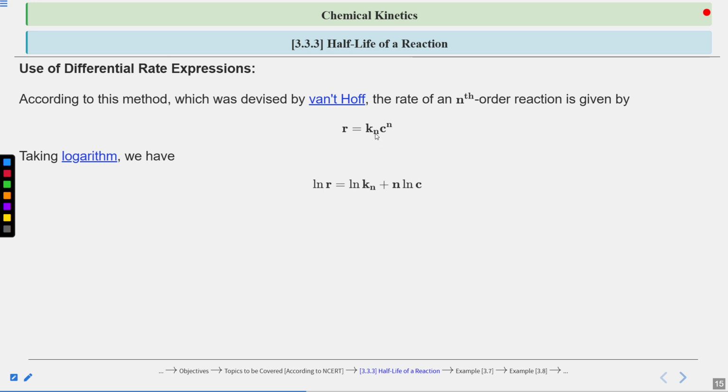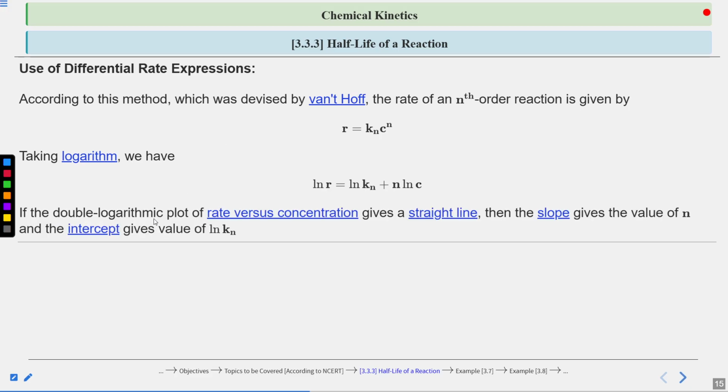Now log of the b term means log of c to the power n. If something is present as a power, it comes out as a product in the log. So n is already in the power, so n will go from the power to the product. So ln r will become equal to ln k plus n ln c.